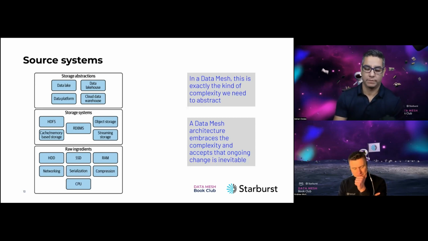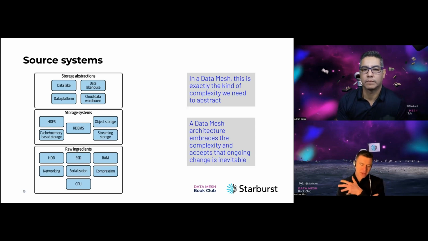I think it's an interesting point. I think as a data product developer, I can see situations where you may, for legacy reasons, have to consider different storage systems, not raw ingredients, right?